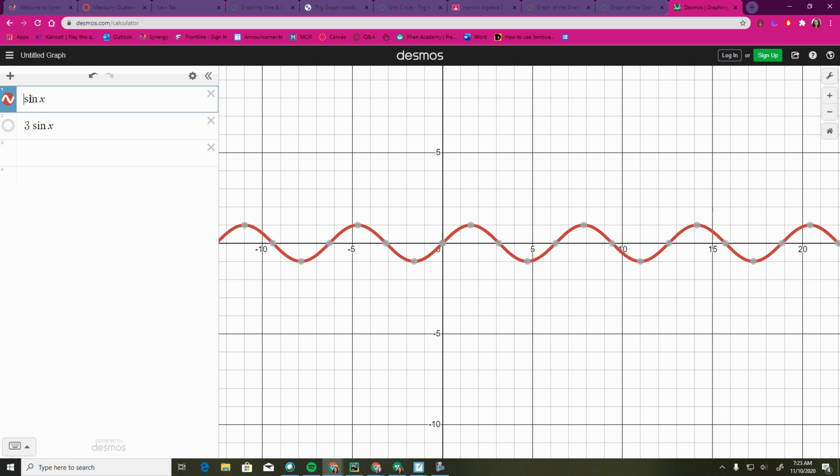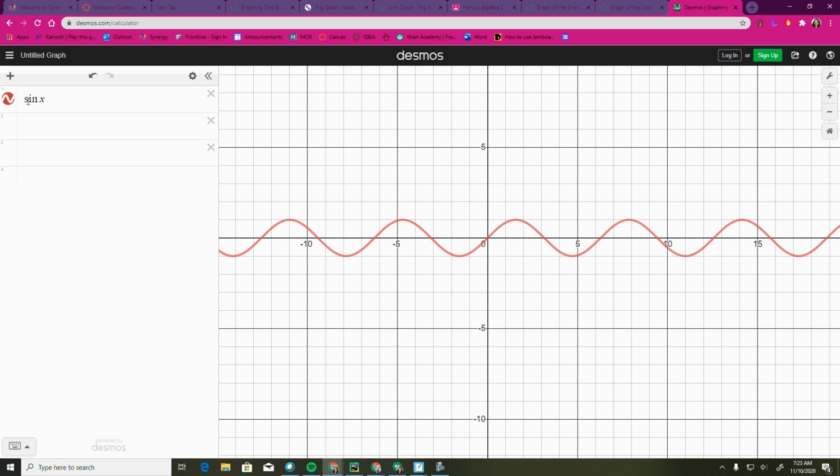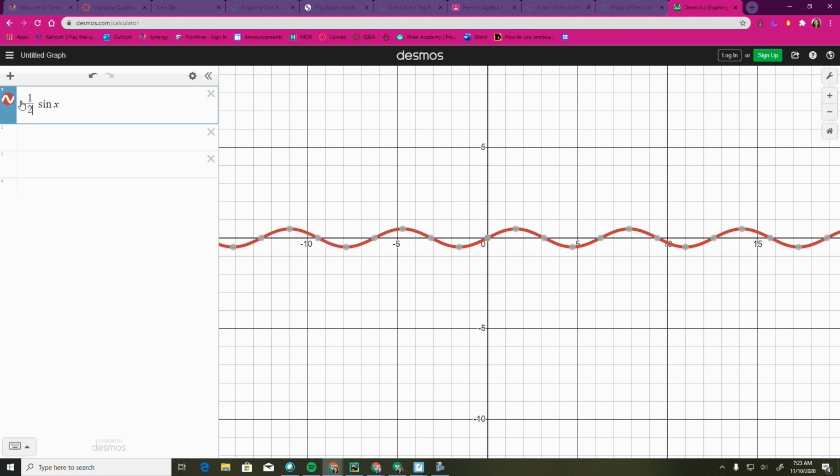Similarly, we could put fractions in front of the sine function. What happens if we put fractions in front of it? Well, let's put the fraction 1/2 in front. It looks like it got compressed, squashed down a little bit. And the smaller the fraction we put, the more squashed down it becomes.